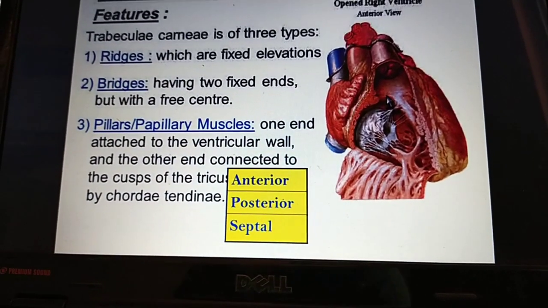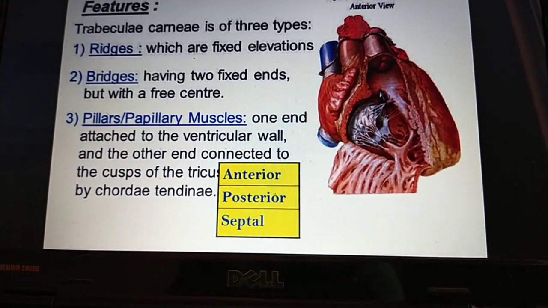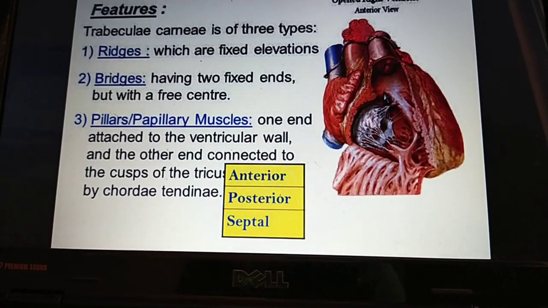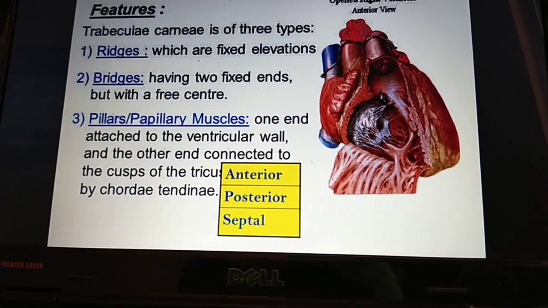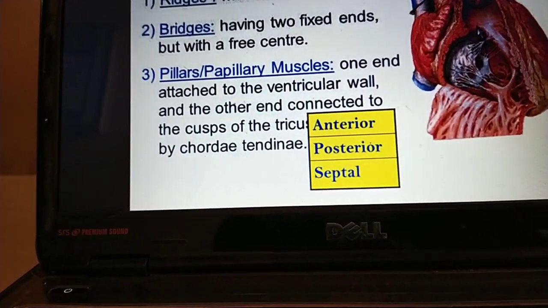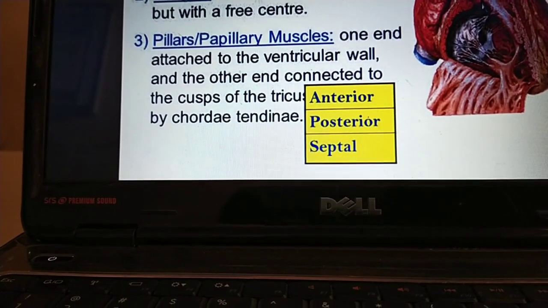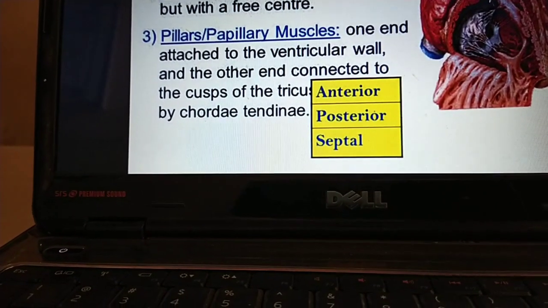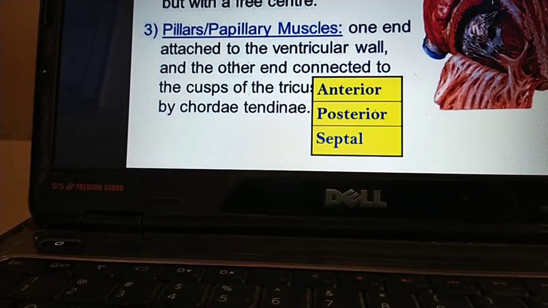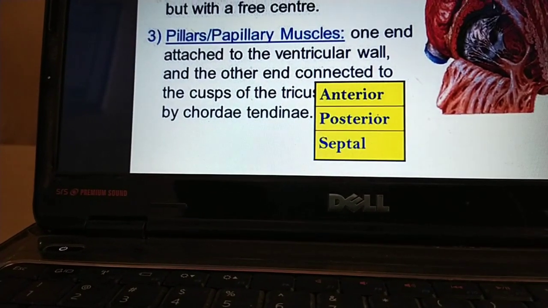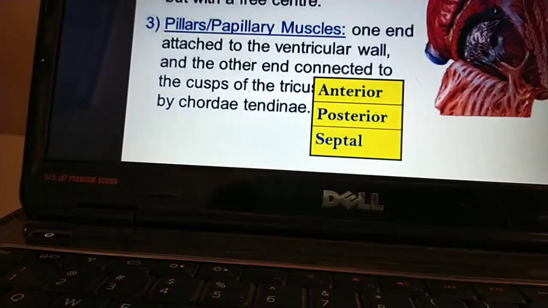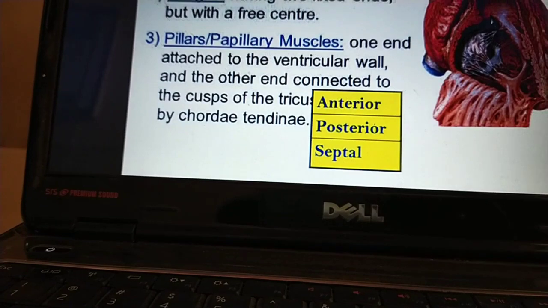Papillary muscles have one end attached to the ventricular wall and the other end connected to the cusps of the tricuspid valve, or atrioventricular cusps, by the chordae tendineae. Chordae tendineae are thin, thread-like bands of fibrous tissue which attach at one end to the edges of the tricuspid valve and at the other end to the papillary muscle or heart wall.